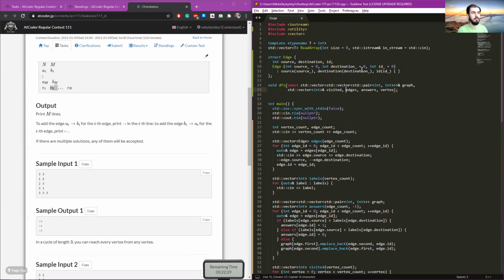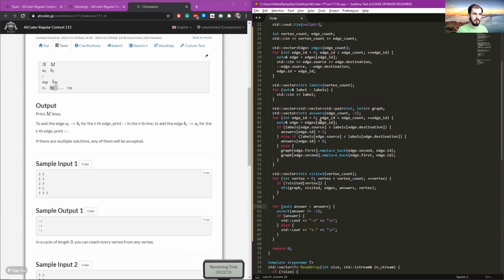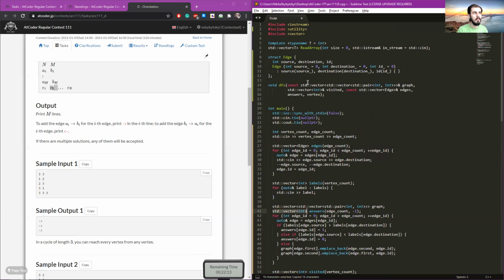It would be better to pass it by pointer because we are going to change it, but our list of edges is constant. Let's change that. Answers. Answers will change, and vertex is an integer.